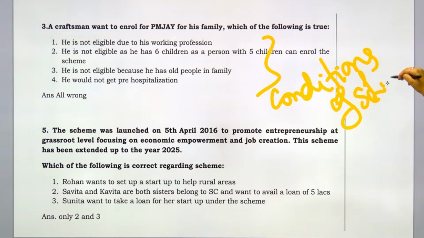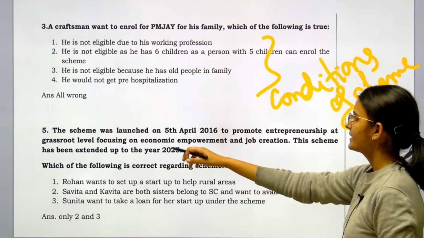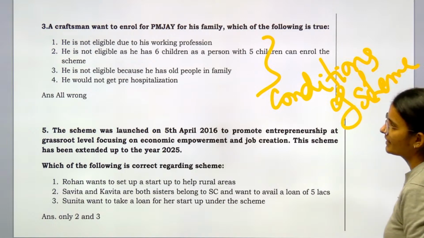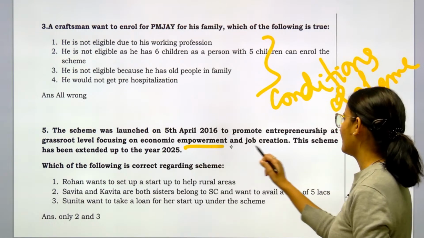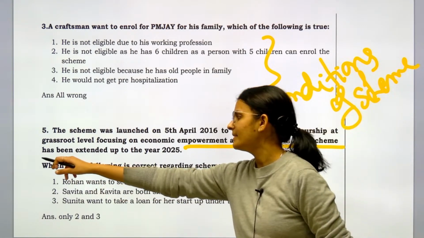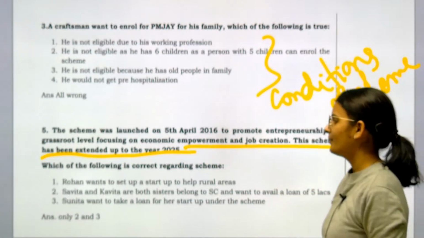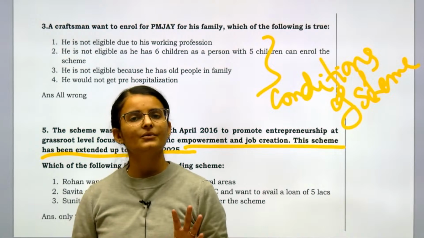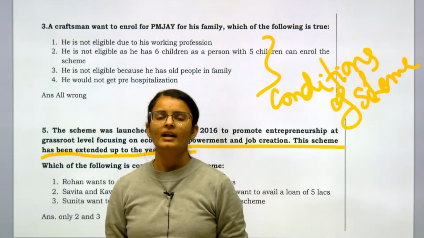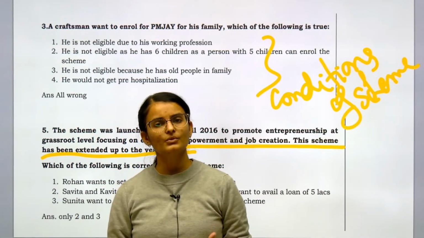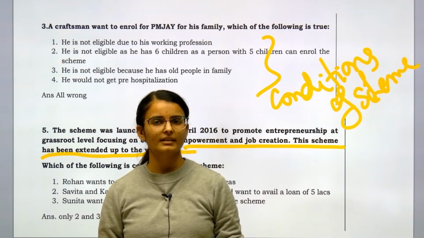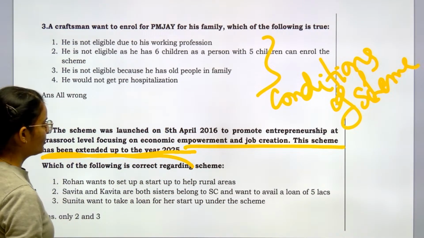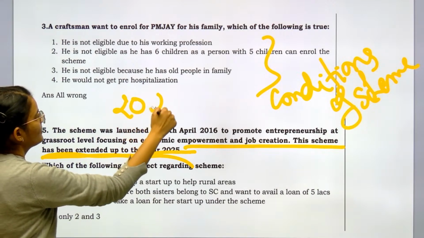Conditions of scheme. Okay. The scheme was launched on 5th April 2016 to promote entrepreneurship at grassroots level, focusing on economic empowerment, job creation. This scheme has been extended up to year 2025. What new I have observed in 2023 and 2022 is that earlier we used to learn the direct thing, like if the scheme has been extended till 2025, we just mug up that year.